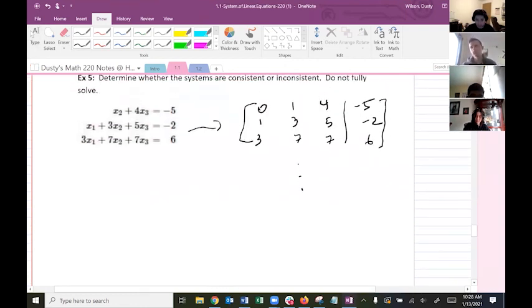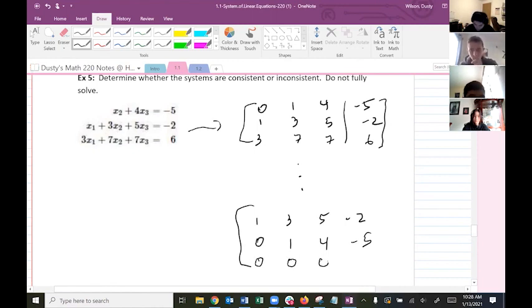And if I row reduce this matrix for a few steps, I get down to a point where the matrix looks like 1, 3, 5, -2, 0, 1, 4, -5, and 0, 0, 0, 2.